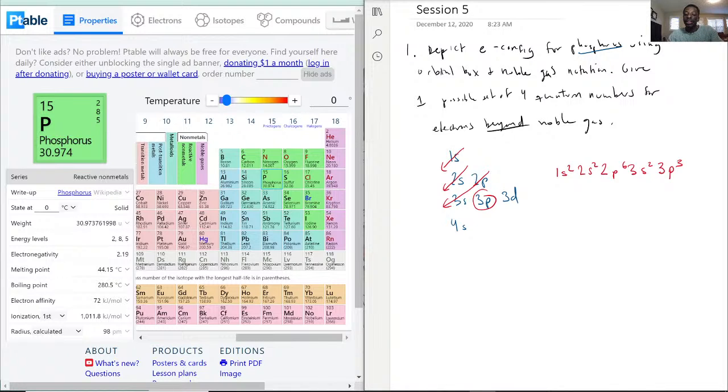Now, if you wanted to get the noble gas notation, what you would do is this prior part, if you notice, that actually accounts for neon. So you'd replace that with this type of notation here, allowing you just to write what comes after. And this is your noble gas notation.